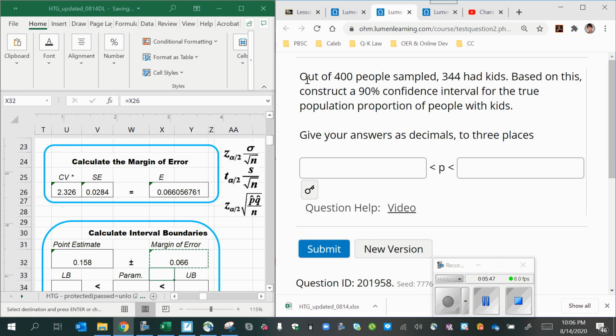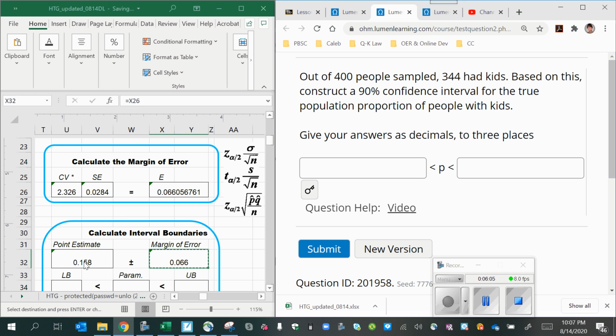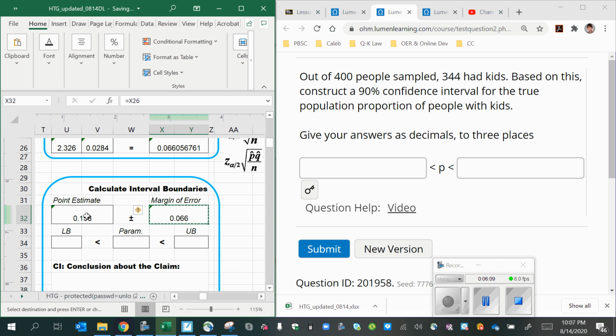Now this one's very similar. It says out of 400 people sampled, 344 had kids. Based on this, construct a 90% confidence interval for the true population proportion of people with kids. So we're doing the exact same thing here. We're going to calculate a margin of error, and then we're going to add and subtract it from our sample proportion. So what is our sample proportion? Out of 400 people sampled, 344 had kids.